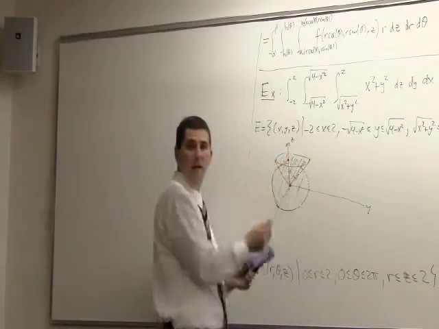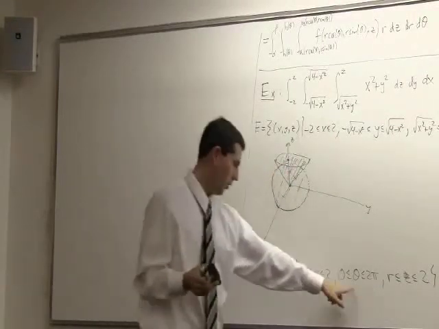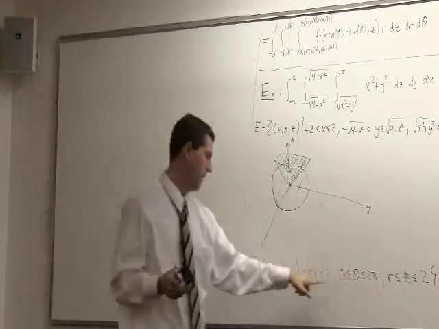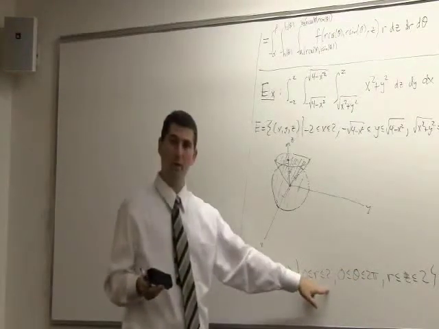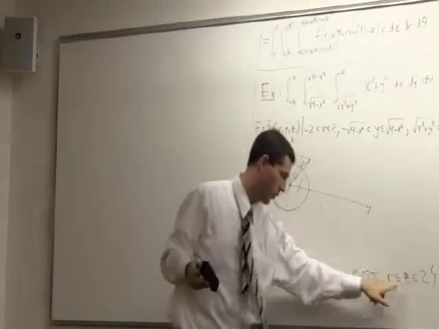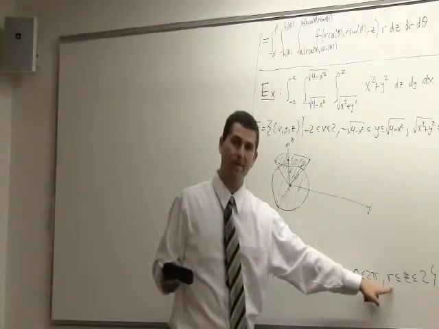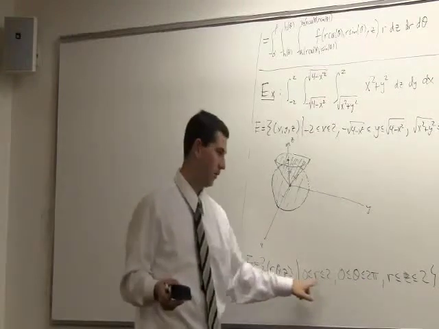If you look at all the points in this cone, they're all coming from thetas between 0 and 2 pi and r's between 0 and 2. The only thing that's making this into a cone is that the z-coordinate changes based on the radius. But the radius can go anywhere between 0 and 2.